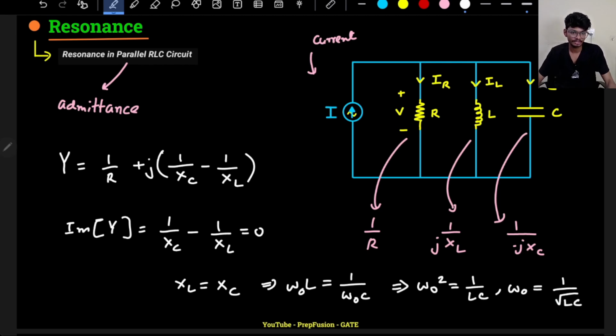That is what we get for a parallel resonance circuit. This is the condition basically. So this is one of the ways to solve.